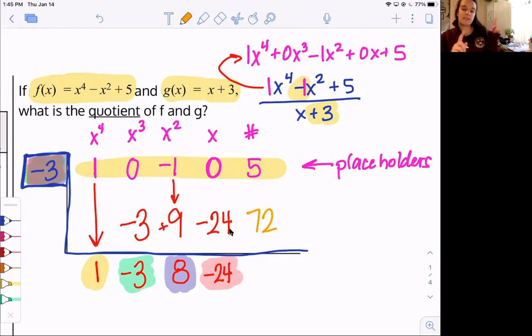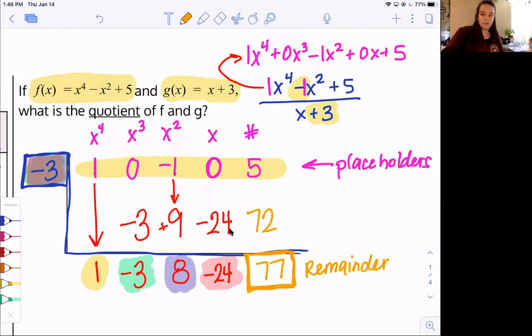It's going to be positive because negative and negative is positive, but perfect. All right, so then 5 plus 72 is 77. So as Mia was asking earlier, Miss, what happens when we have a remainder? I'm going to show you this time because here we see the remainder is not 0, right? My remainder is 77.